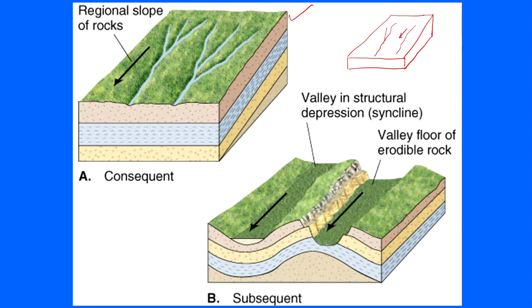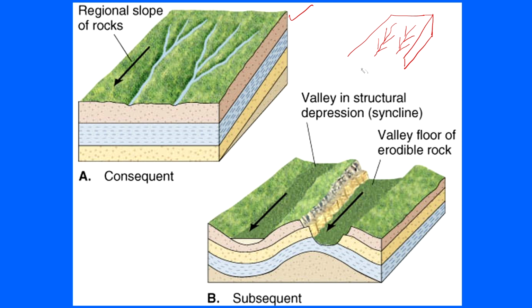Now, what are the terms which are being used for such drainage? We will quickly look at that, and you will be using them when you are identifying the different terrain and also the different drainages.